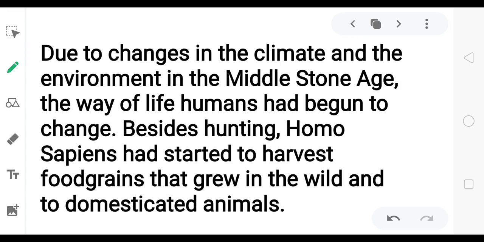Due to these changes, the way of life humans had begun to change. Besides hunting, Homo sapiens had started to harvest food grains that grew in the wild and domesticated animals.